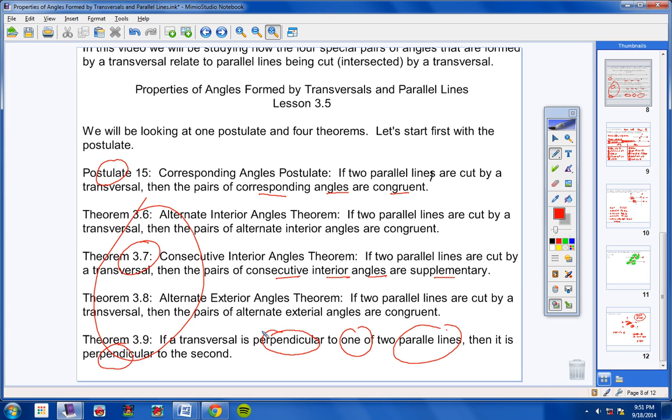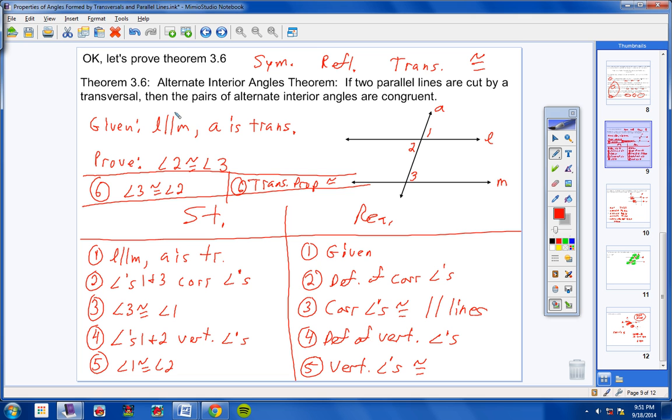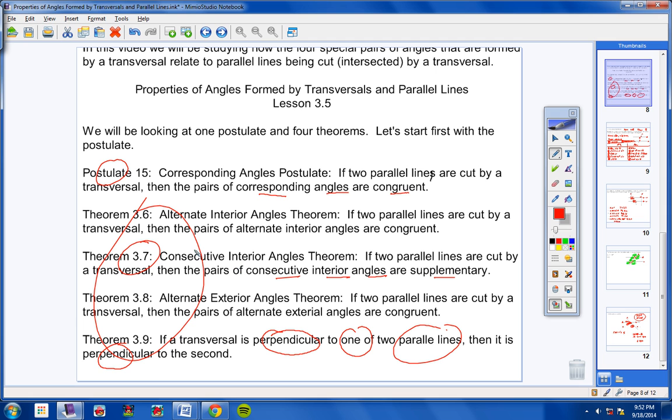Make sure you know how to prove theorem 3.6, and in your homework you are going to be asked to prove 1 or 2 of these. Make sure you work really hard on those and try to figure them out on your own, okay?